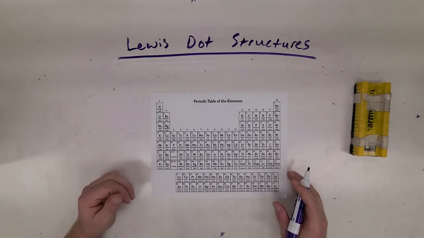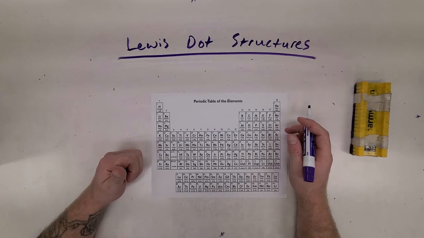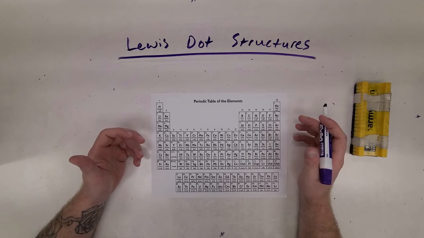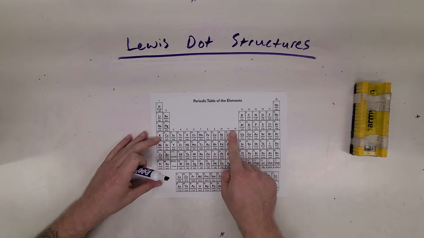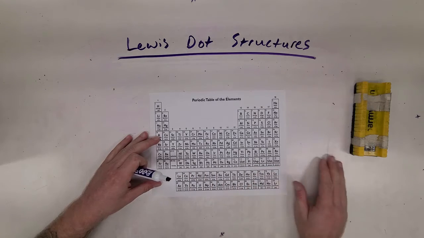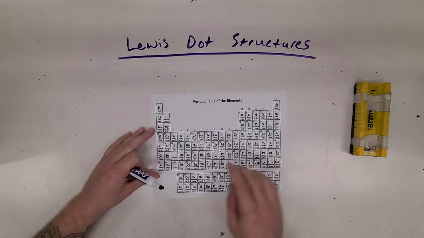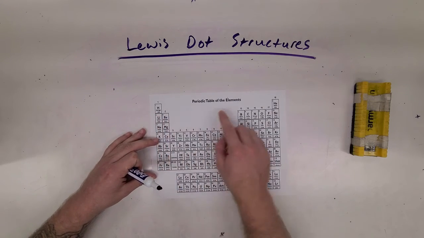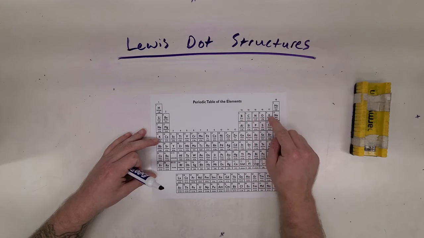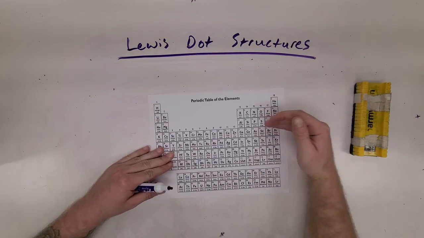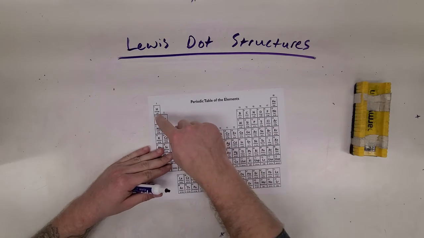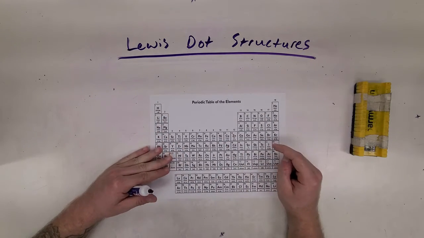Another way that you can draw these Lewis dot structures is by looking at what group number the element is in. For the purposes of this, we are going to ignore the transition metals and the rare earth metals down below. We are only going to focus on groups 1, 2, 13, 14, 15, 16, 17, and 18, specifically in the upper three rows.